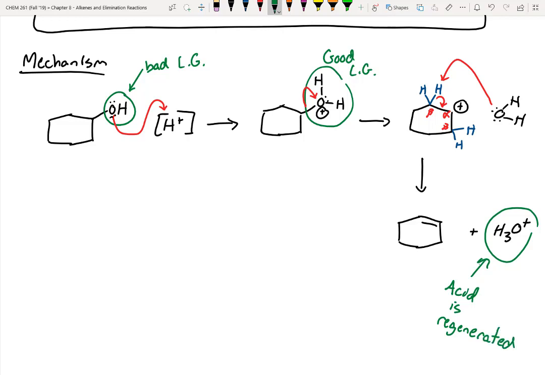So even though we're looking at this and it involves more than 1 or even 2 steps, why are we classifying this as an E1 mechanism? Because the leaving group falls off first, exactly. So this is E1 because the leaving group falls off first.